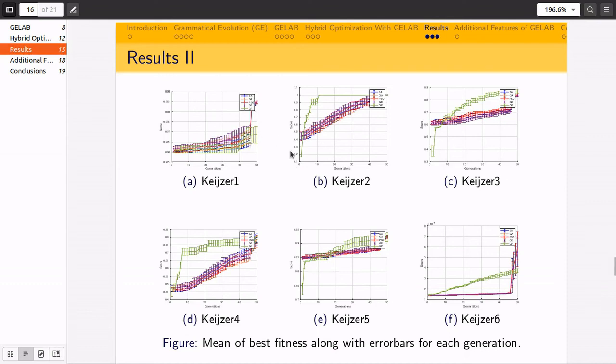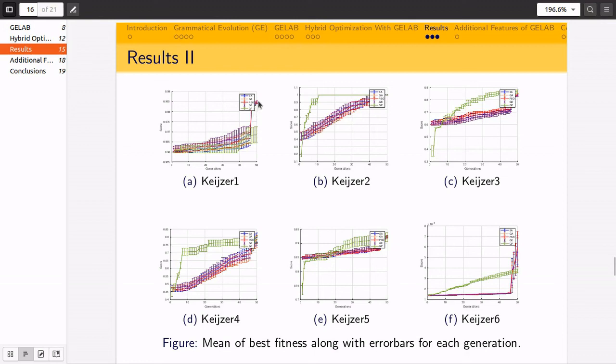we employed 6 polynomials which are written in the literature, proposed by Martin Kaiser, who's a famous person in the area of symbolic regression, and we have used those in light of the previous research. These error bars tell us how well or poorly grammatical evolution's various flavors did against genetic programming.